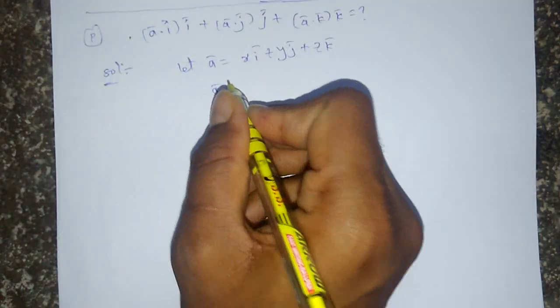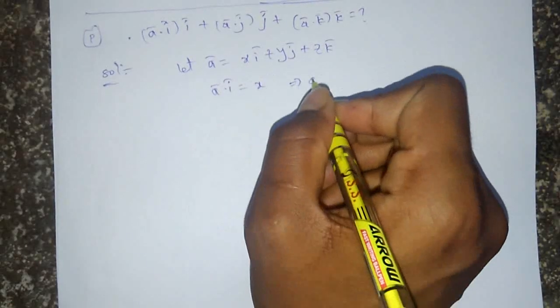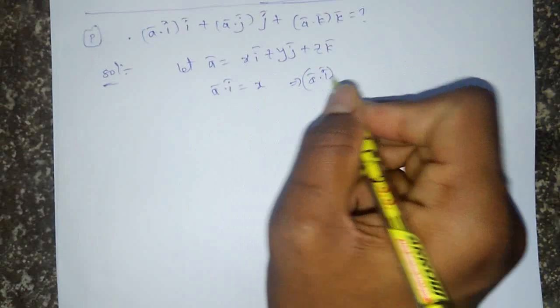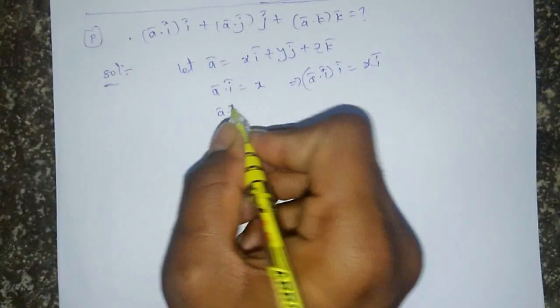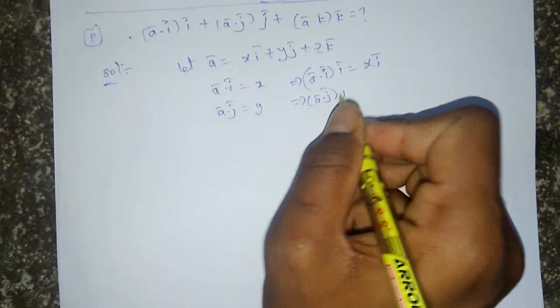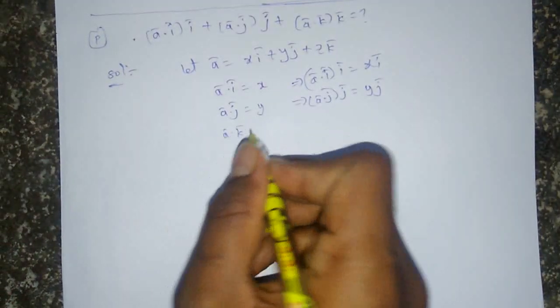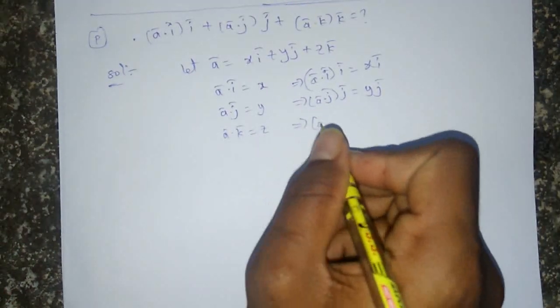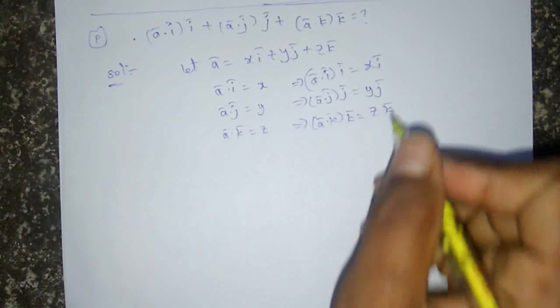Now a bar dot i bar will give x, which implies a bar dot i bar into i bar will give x i bar. Similarly a bar dot j bar will give y, and a bar dot j bar into j bar will give y j bar. A bar dot k bar will give z, which implies a bar dot k bar into k bar will give z k bar.